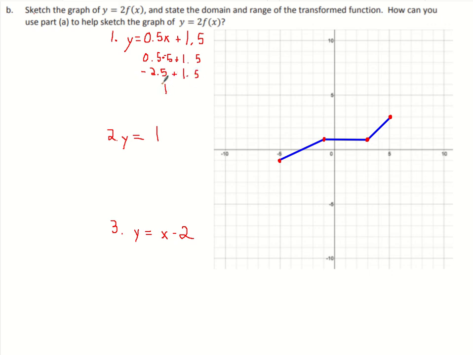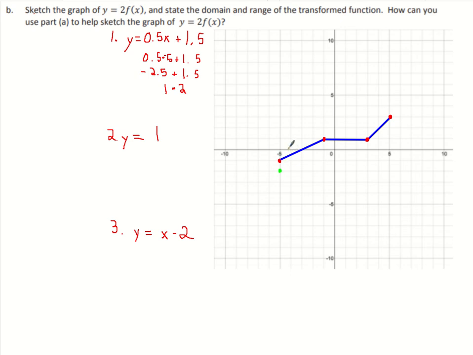We should already know that because of our graph. But then we're going to multiply it by 2. So let's plot that point, negative 5, 2. And then we can keep going on and on for all of the points that we have.